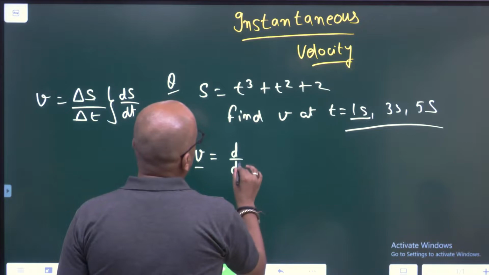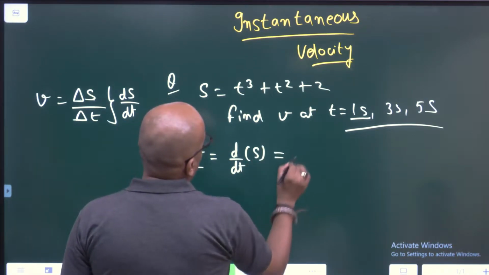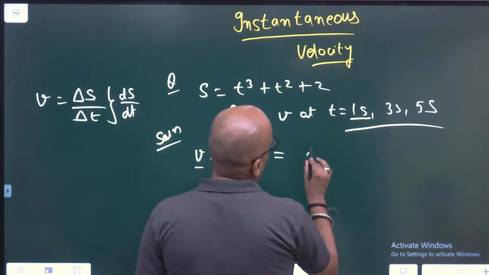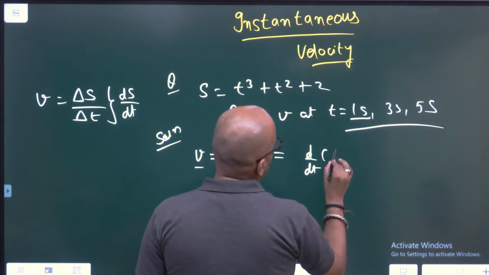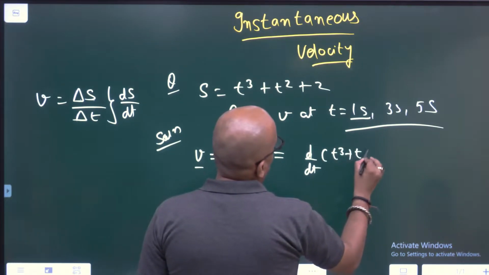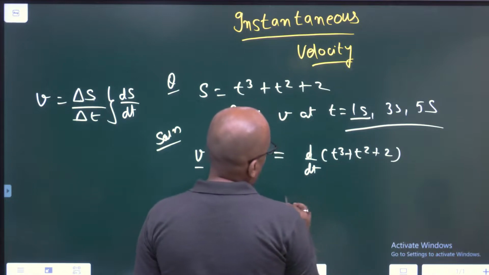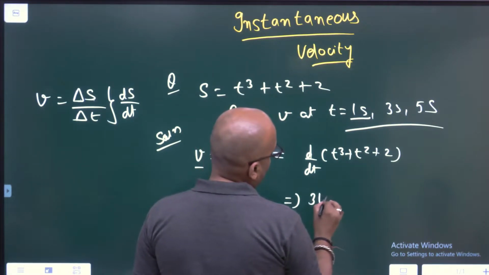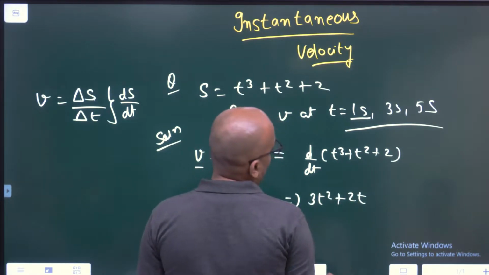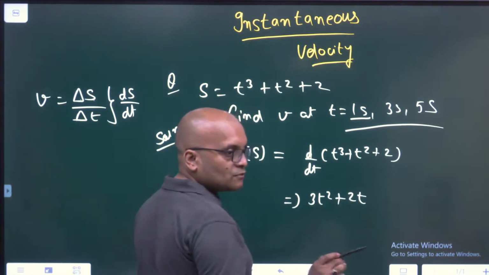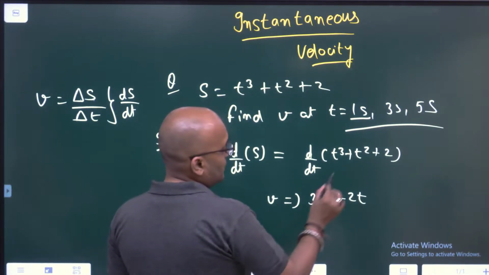So d by dt of s. What is s? t cube plus t square plus 2. So 3t square plus 2t.